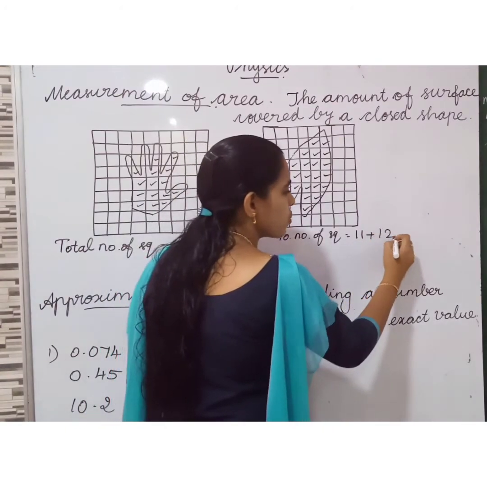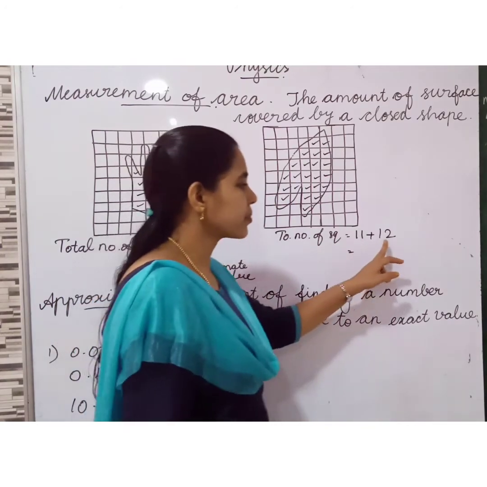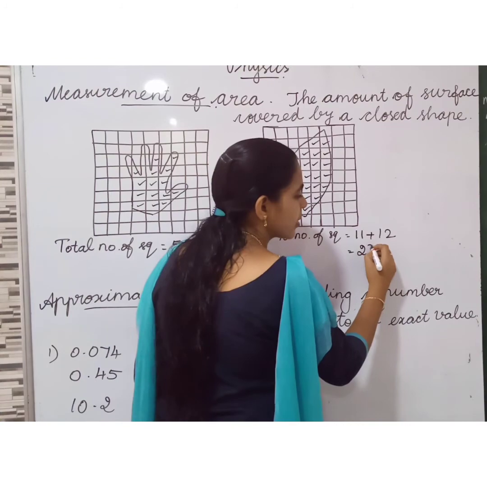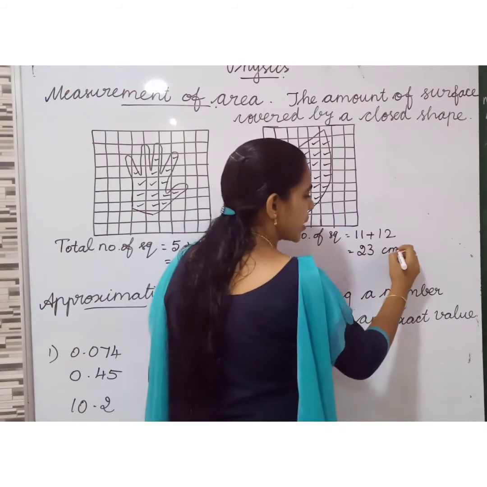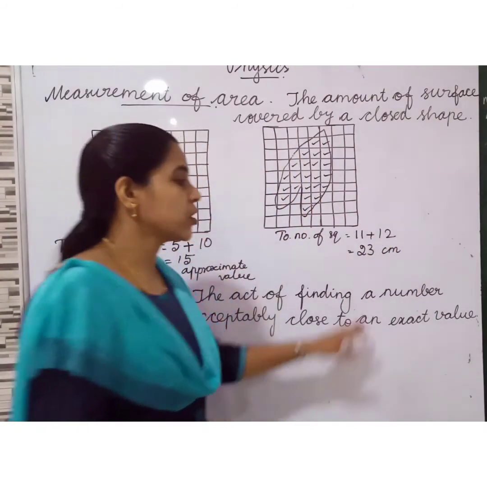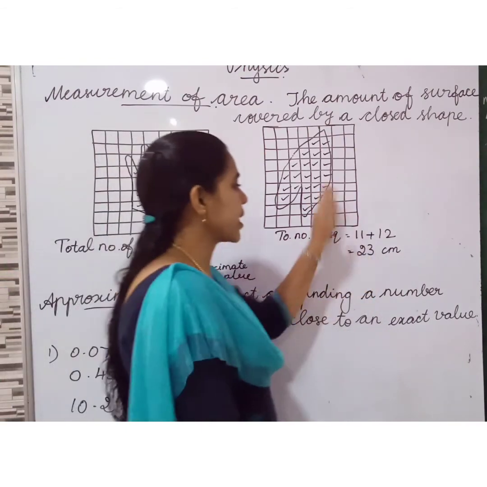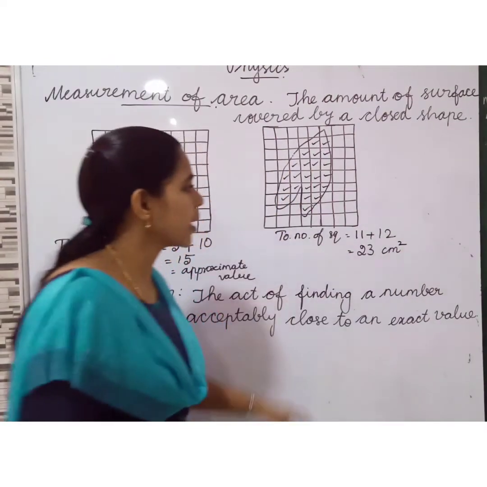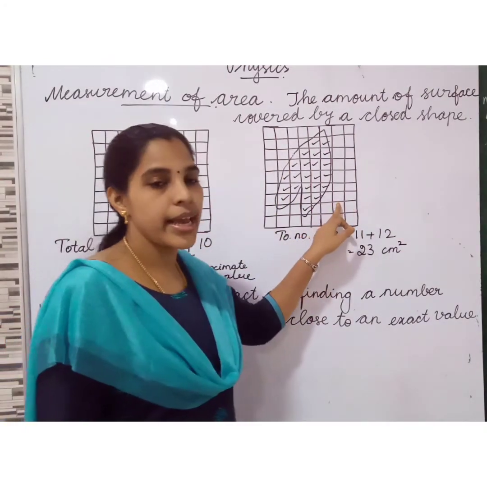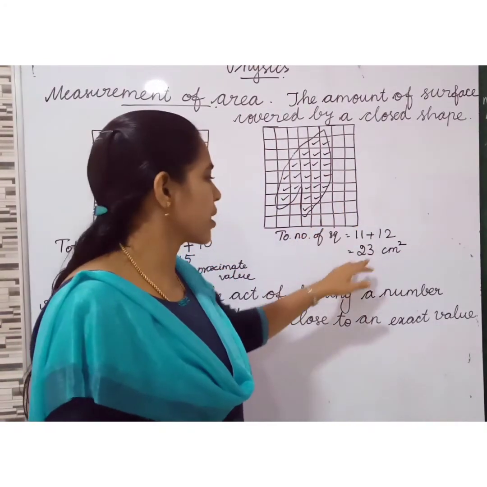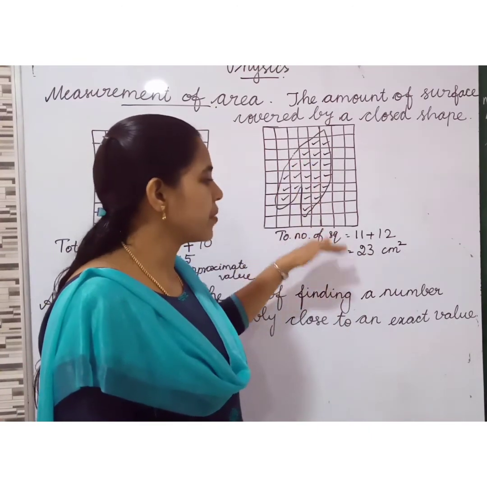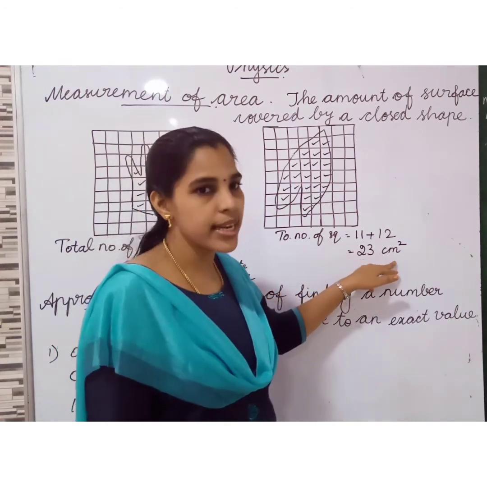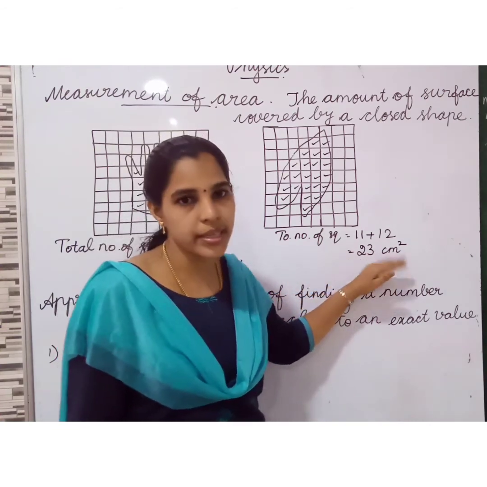So 12 plus 11 is 23. So the area of the leaf is equal to 23 centimeter square. Each square has an area of 1 centimeter square. This is the approximate value.